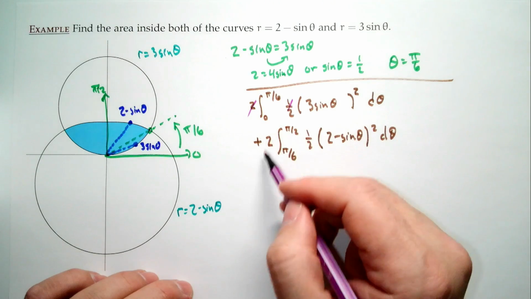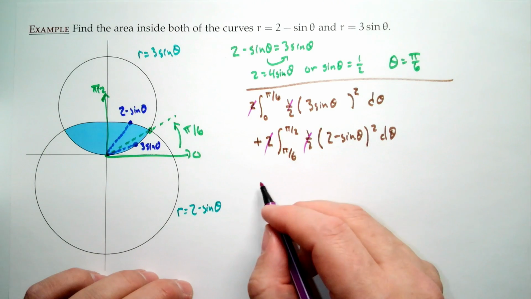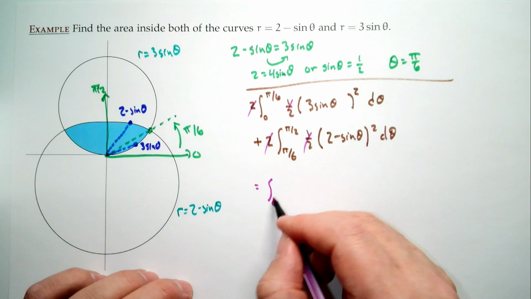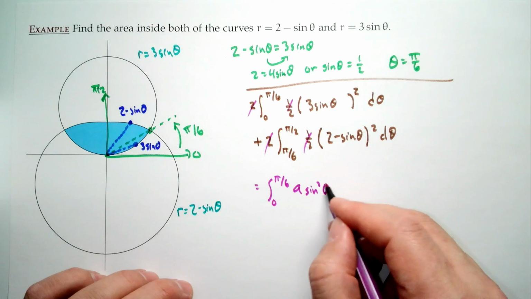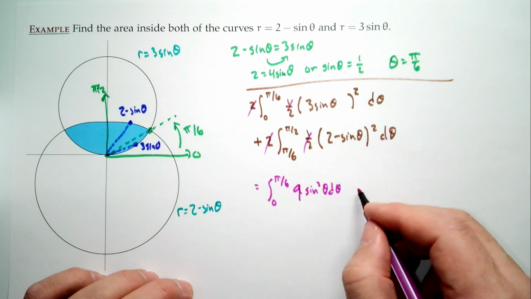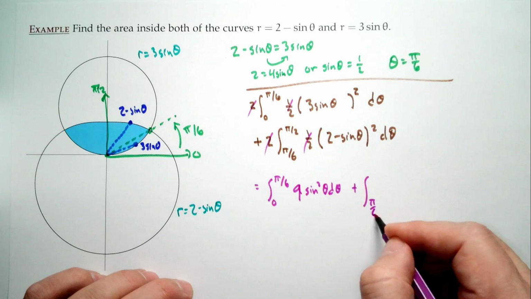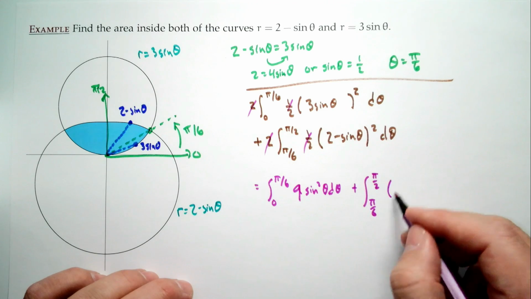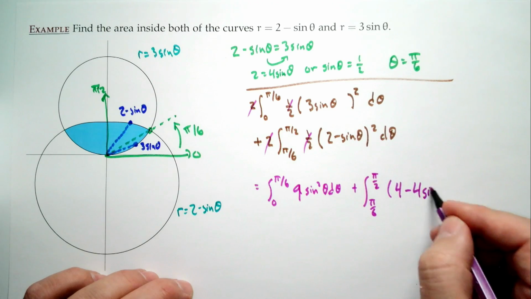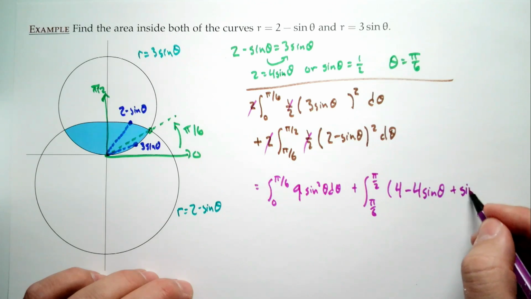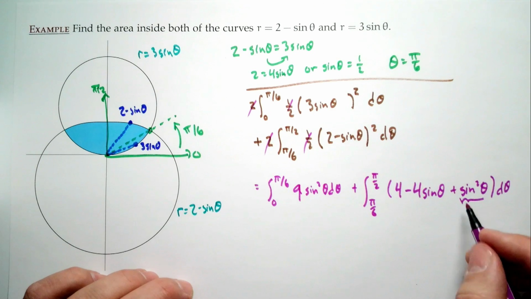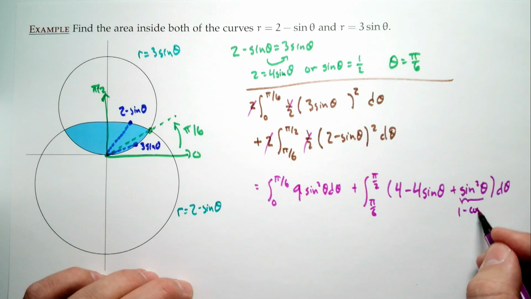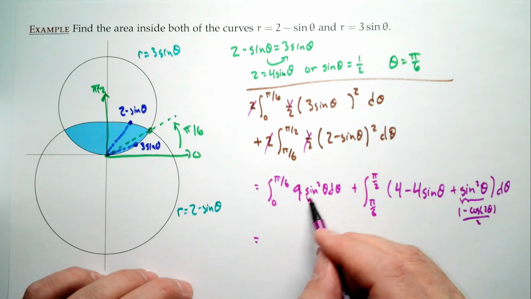The 2 and the half cancel. So we get the integral from 0 to pi over 6 of 9 sine squared theta d theta, plus the integral from pi over 6 to pi over 2 of 4 minus 4 sine theta plus sine squared theta d theta. Of course, we're going to replace sine squared by (1 minus cosine 2 theta) over 2 in both places.